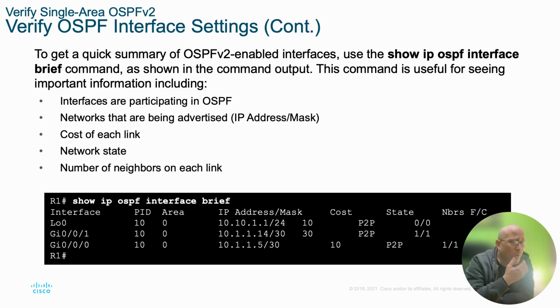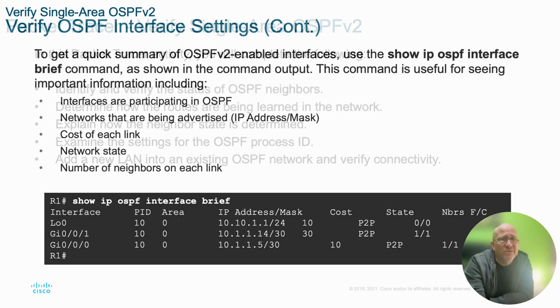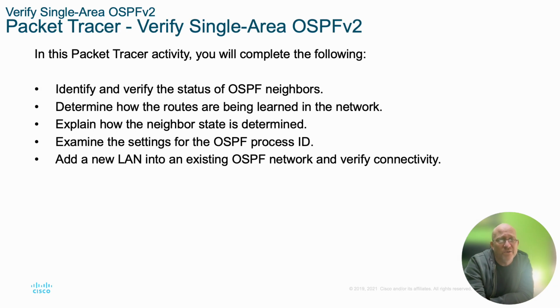Because at the end of the day, whatever the routers learn, it is going to put in the routing table, and you need to do a show ip route.